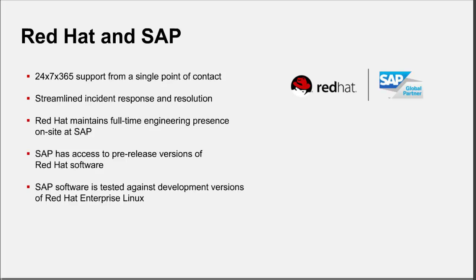This is 24/7 support from a single point of contact. You typically open your ticket through the SAP Solution Manager if you're not sure whether it's a Red Hat or an Amazon issue. With the engineering presence from Amazon and Red Hat on site in Walldorf, they can work together to solve your particular problem. And of course, if it turns out to be an SAP problem, those guys are sitting there as well.